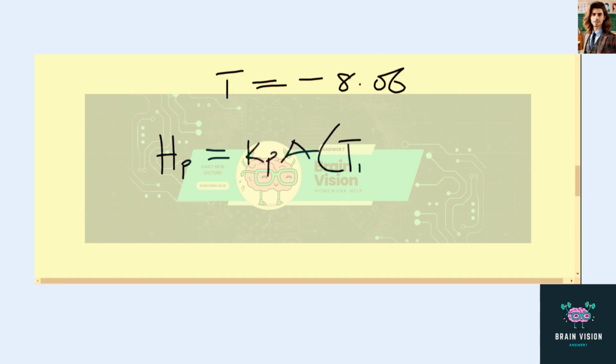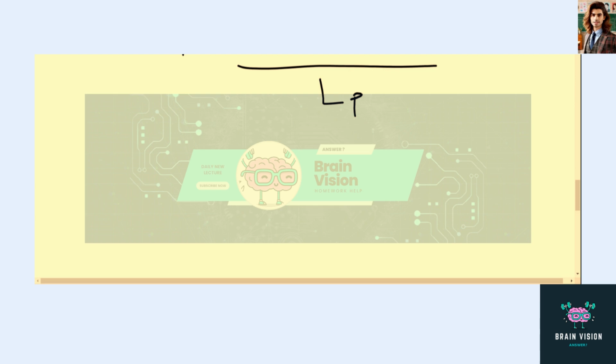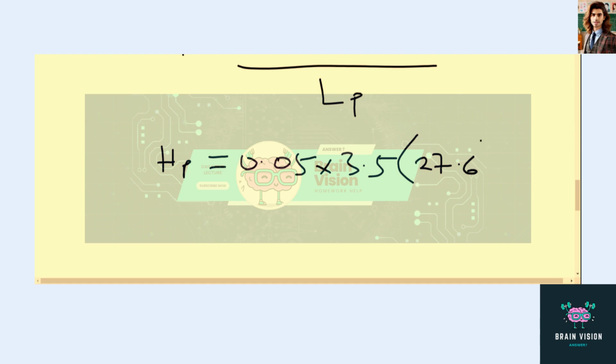So we have HP, the heat loss per second by the paper, equal to K_P A times TH minus T, the new temperature, divided by L_P. So HP is equal to 0.05 multiplied by 3.5 times the temperature difference, which should give us 27.6, all divided by 0.00075.